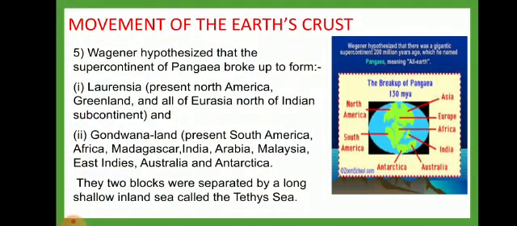Fifth one, Wegener hypothesized that the supercontinent of Pangaea broke up to form Laurasia, present North America, Greenland, and all of Eurasia north of the Indian subcontinent; and Gondwanaland, present South America, Africa, Madagascar, India, Arabia, Malaysia, East Indies, Australia, and Antarctica.